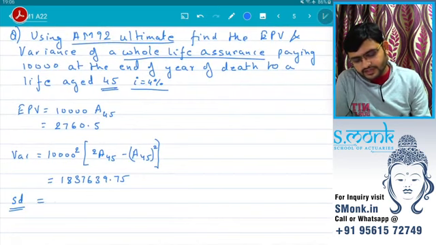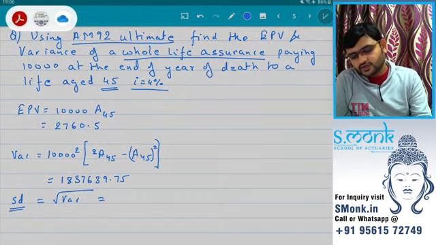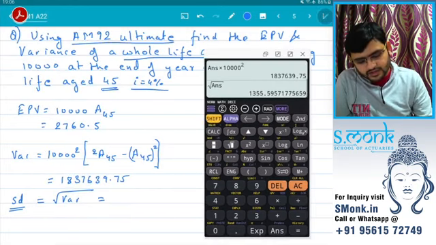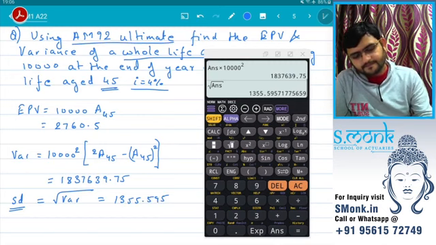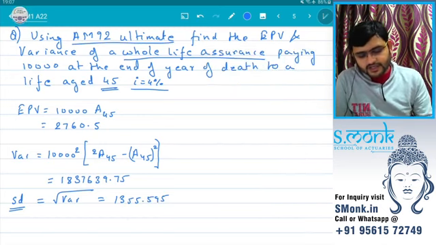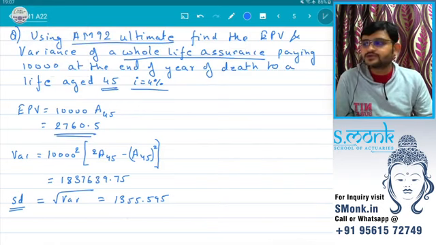Standard deviation is just the root of variance. If I take the root of this, I get 1355.595. Okay. So we are saying the average cost that we'll be bearing per person is 2760.5.